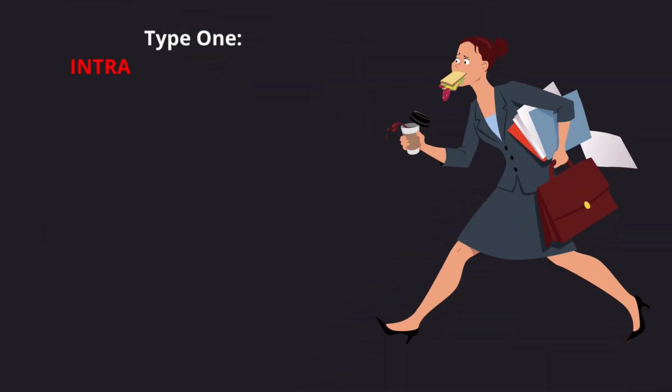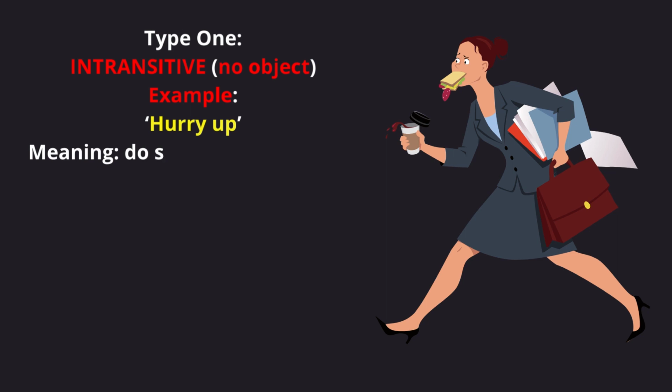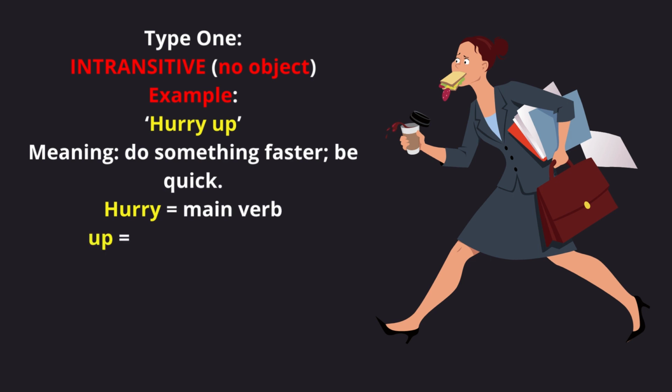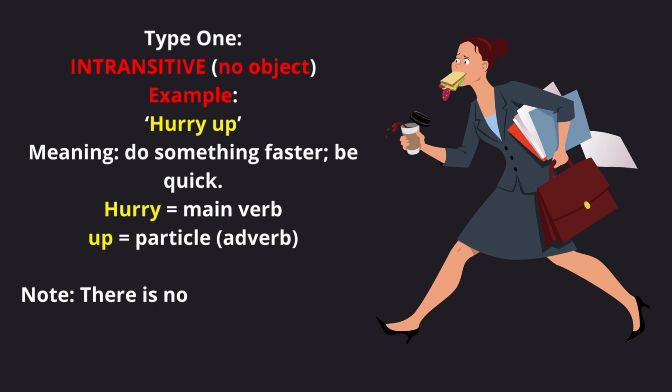Type 1 phrasal verbs are known as intransitive or no object phrasal verbs. Okay? And that means that they don't need an object. There are no objects that accompany them.